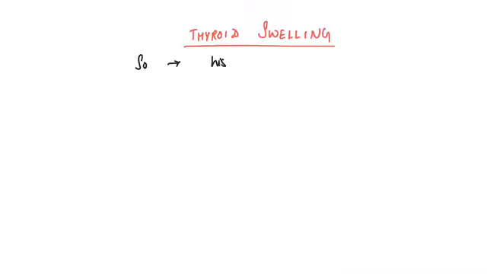So next in line for discussion is examination and history taking for a thyroid swelling. When a patient of thyroid swelling presents to you, what are the things you will inquire in history of the patient?